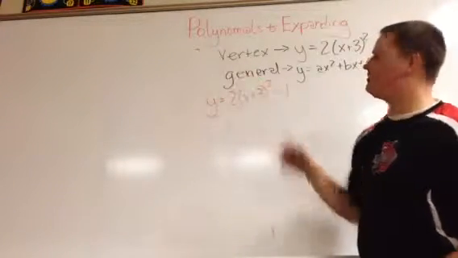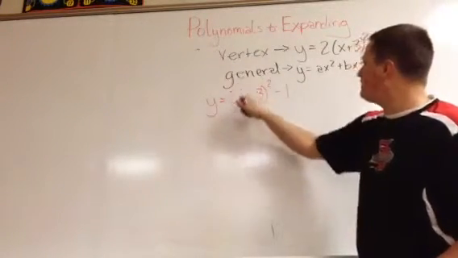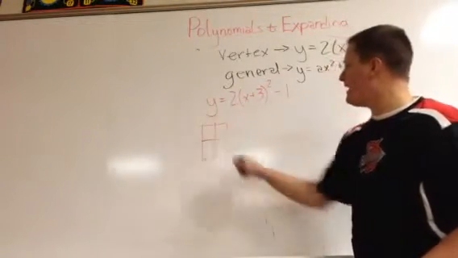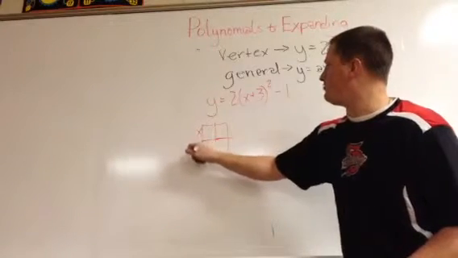The first thing I have to do, based off the order of operations, is my exponents. So I'm going to take x plus 3 and use a Punnett square.